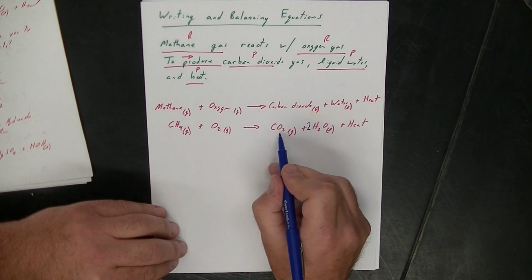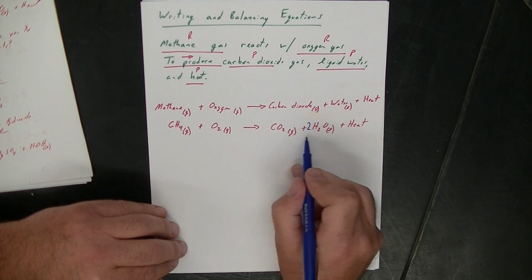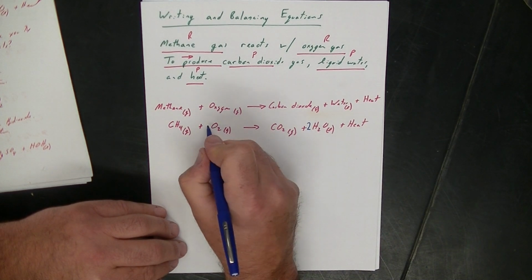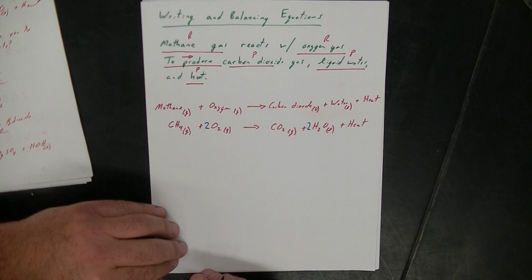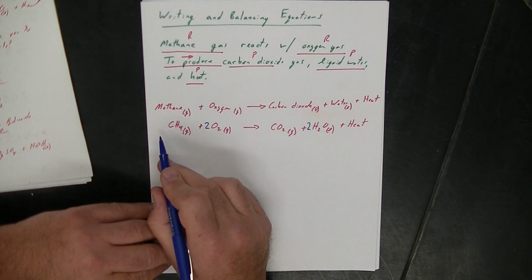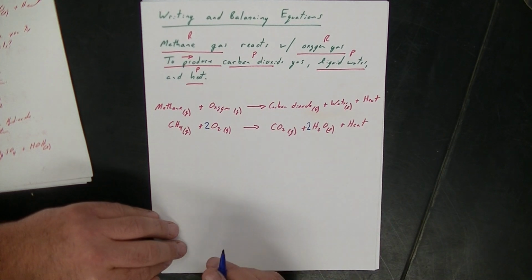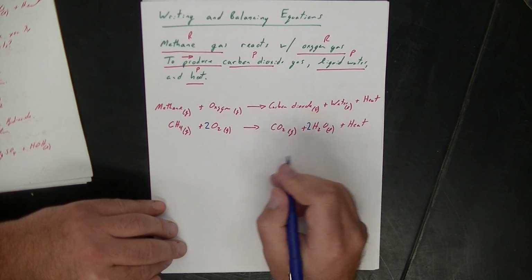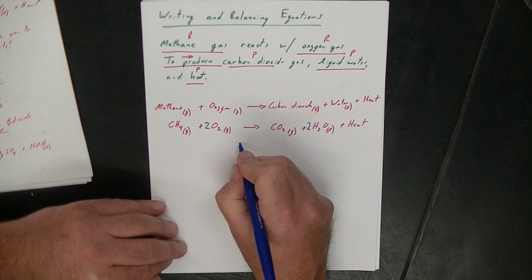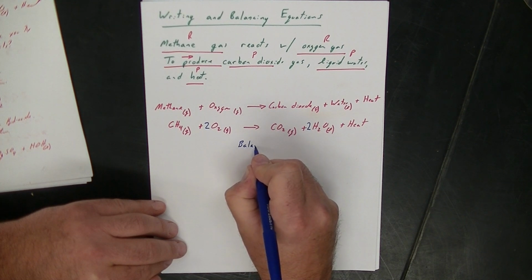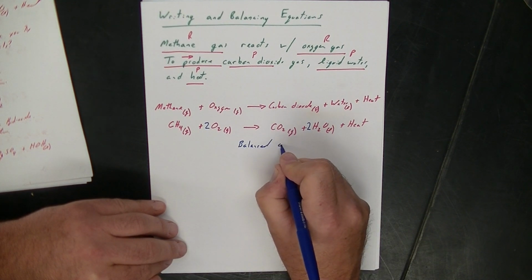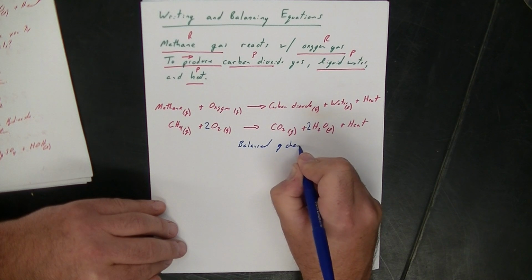I have 2 oxygens here, 2 oxygens here, so I have 4 oxygens, so I'm going to need a 2 there. So my coefficients are a 1, a 2, a 1, and a 2. So this is my balanced chemical equation.